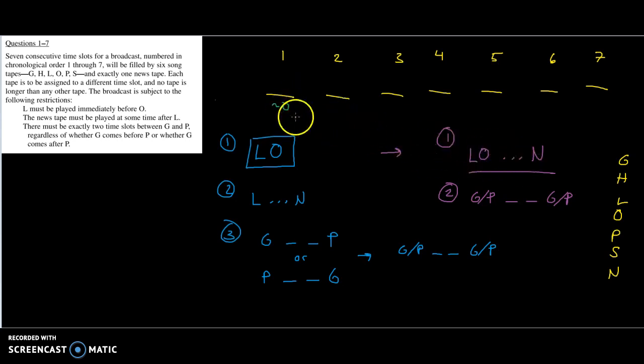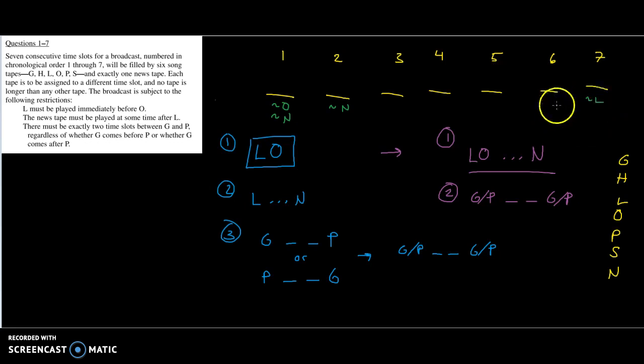By the same logic, I cannot put an N over here. Just think about that, because look at N. N has to have 2 things behind it, at minimum. So that's not going to work. For the same reason, I can't put N over here. What else could we do? We can go to the other side, where I can't put L over here, because it needs to have at least an O and an N after it.